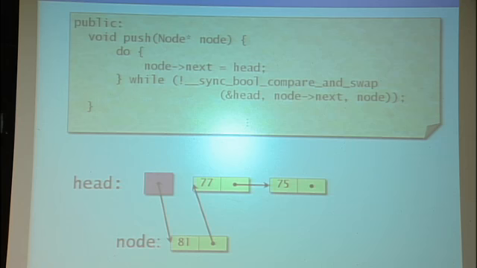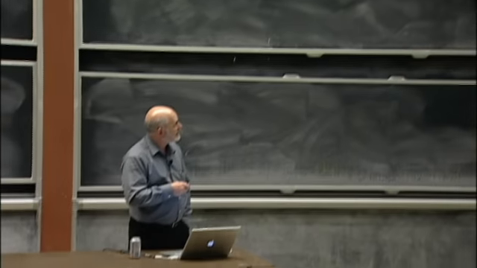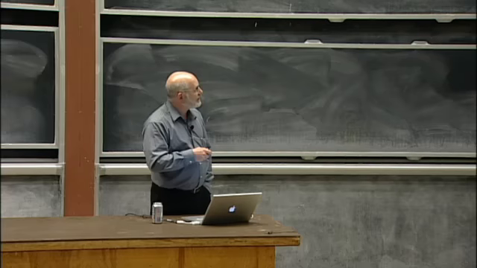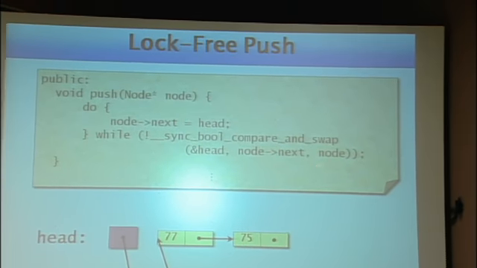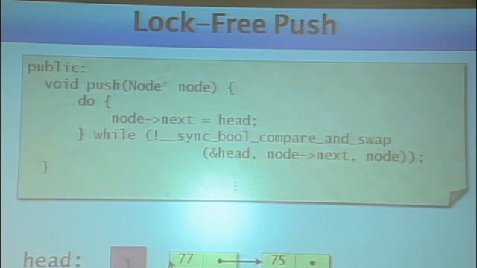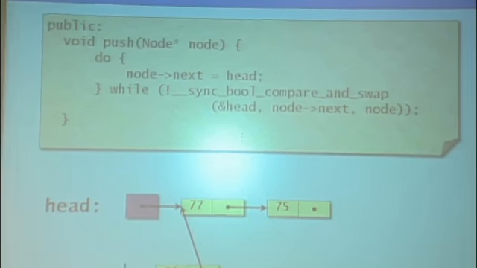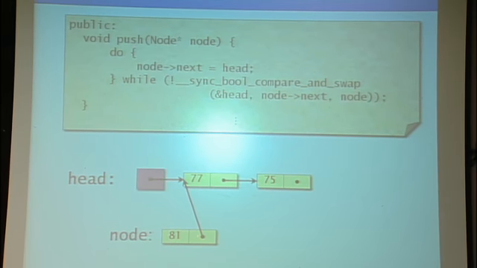Question? Like you say, compare and swap, but what do you compare to? In this case, it's the location that you're doing the compare and swap on, the old value that you expect to see in that location, and the new value. So before we do the compare and swap, we're saying, I only want you to set that pointer to go to here if this value is still pointing to there.